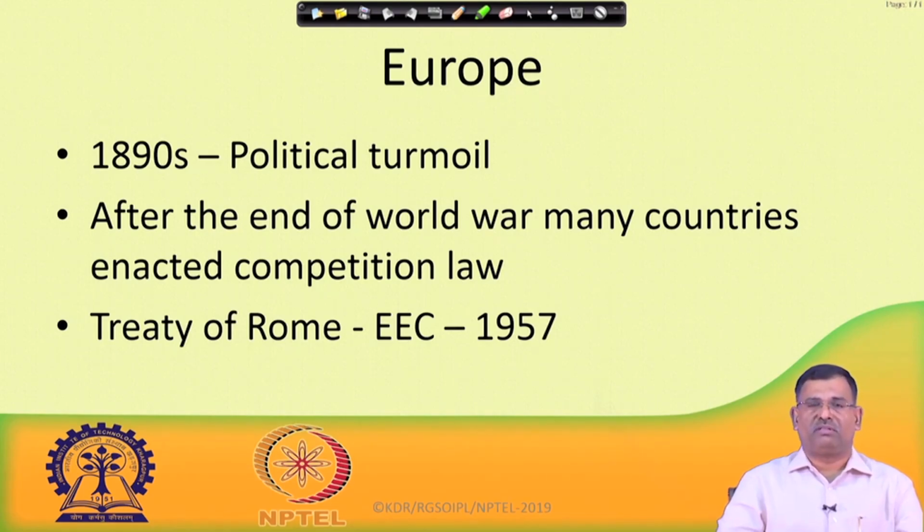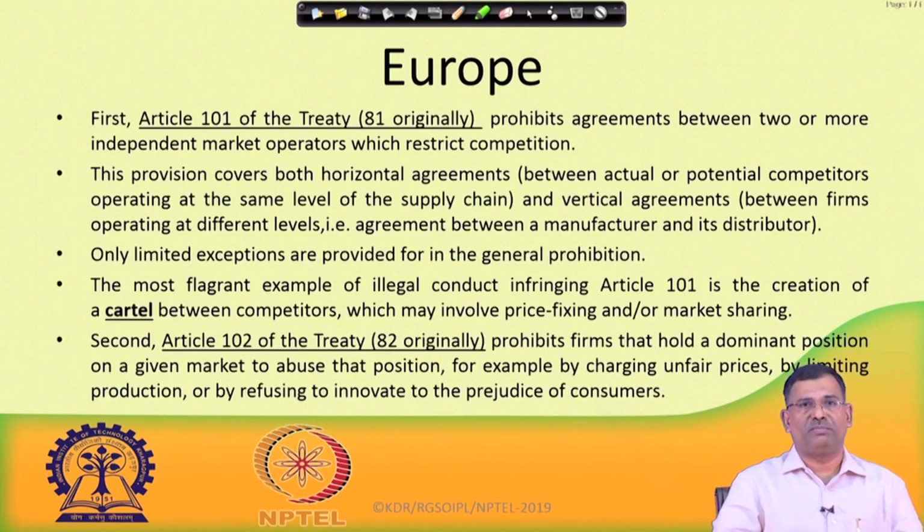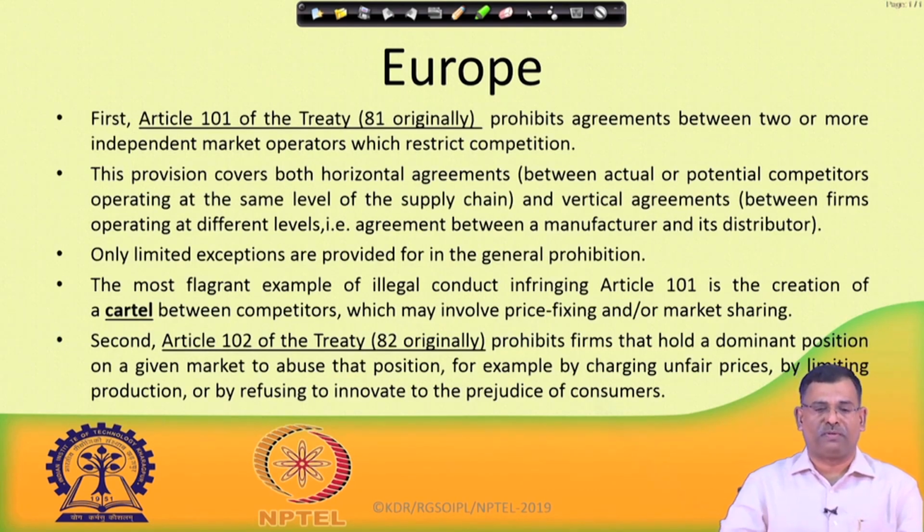And then the formation of the European Economic Community, the EEC, in 1957, formed by the Treaty of Rome in 1957, which included specific provisions to deal with anti-competitive practices and abuse of dominant position in Europe.